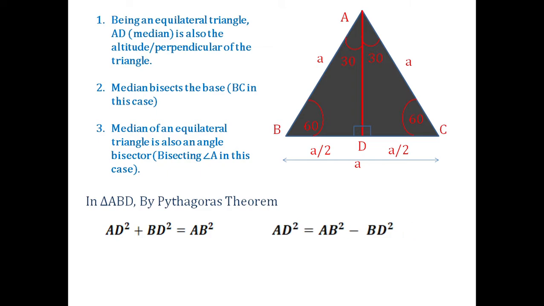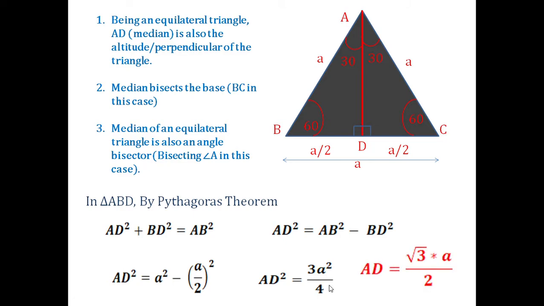Thus after substituting these values of AB and BD one by one, we shall get AD square is equal to 3a square by 4 and thus AD is equal to root 3a by 2. This is one important formula, that in an equilateral triangle, if the length of each side is a unit, then the length of the median will be root 3a by 2.